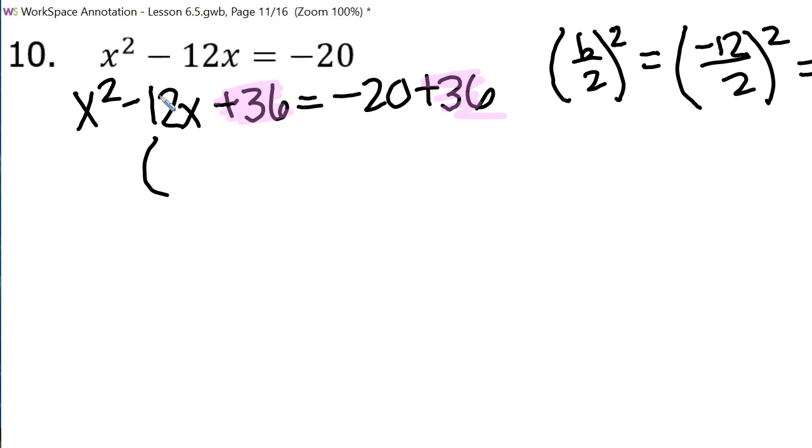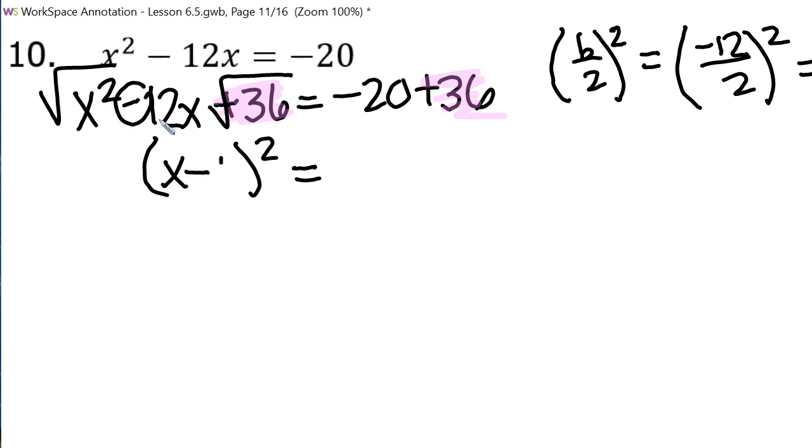Go ahead and factor that perfect square trinomial. Square root the first one, square root the last one. Keep the sign of the middle, so what goes in the parentheses? x minus 6. And on the right side was negative 20 plus 36.